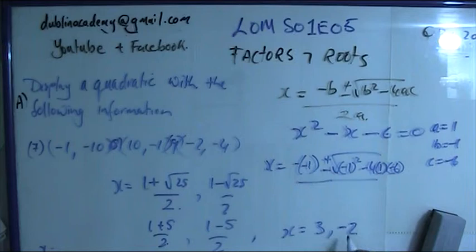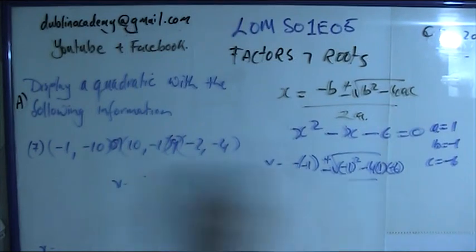And you can see that, yes, the factors are this. Let me just check: 1 plus 5 is 6 over 2. That seems okay. 1 minus 5 all over 2. Yeah, that seems to be checking out.